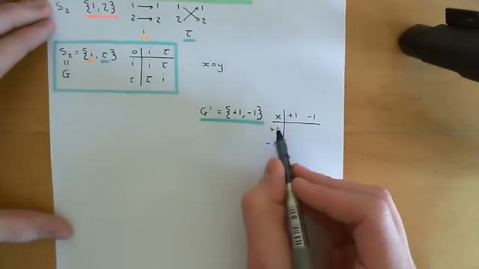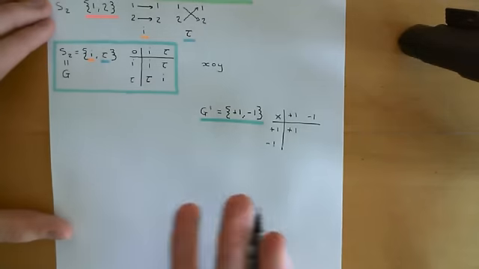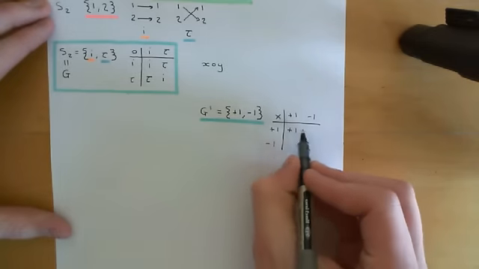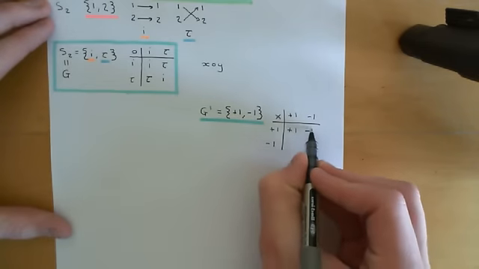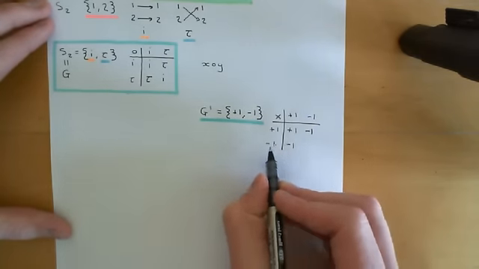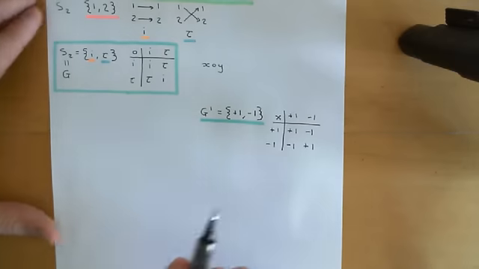So, +1 times +1, I'm going to define that to be +1, and I'm just defining this in line with our normal notion of multiplication of these symbols. +1 times -1, I'm going to define that to be -1. -1 times +1, I'll define that to be -1, and -1 times -1, I'll define that to be +1.